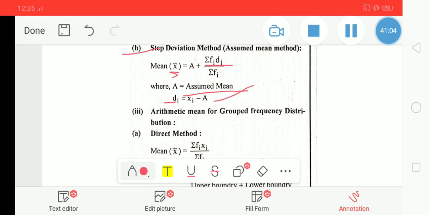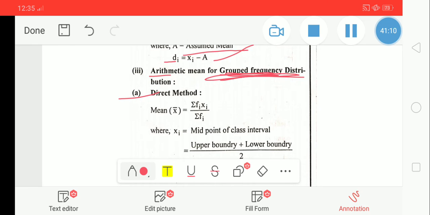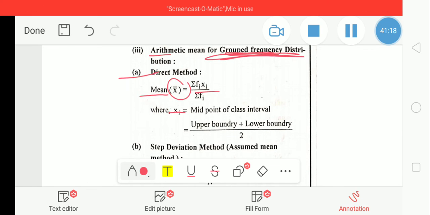And arithmetic mean for grouped frequency, means grouped data. So direct mean, we find summation of fi xi divided by summation of fi, that is x bar. Xi is the midpoint of a class interval. We know how to find midpoint of the class interval: upper boundary plus lower boundary divided by 2, so that gives xi.